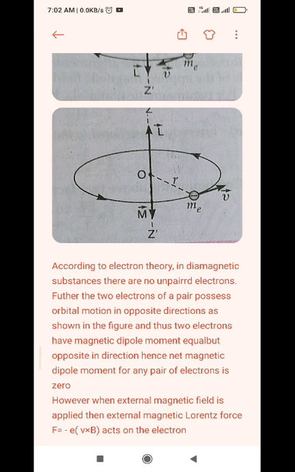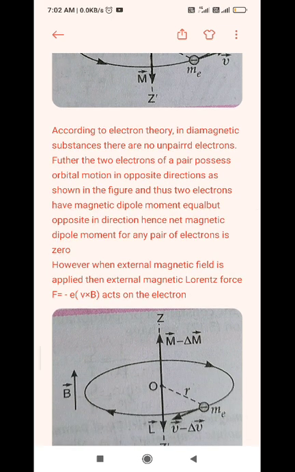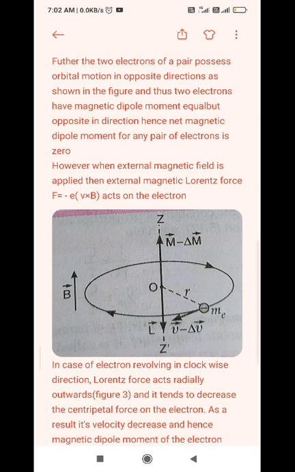But when we put this diamagnetic material in an external field, then the Lorentz force F is equal to minus e v cross B acts on the electron. You see the figure.